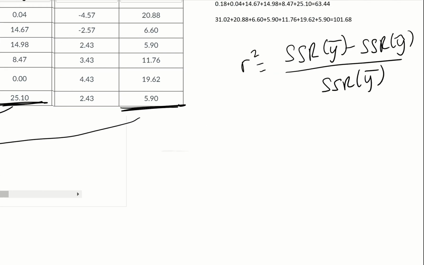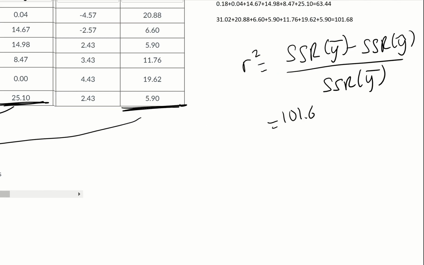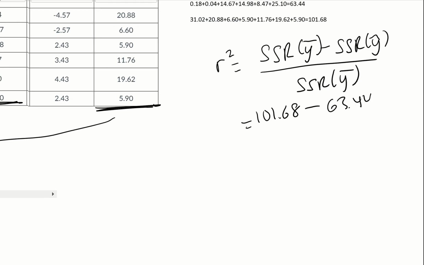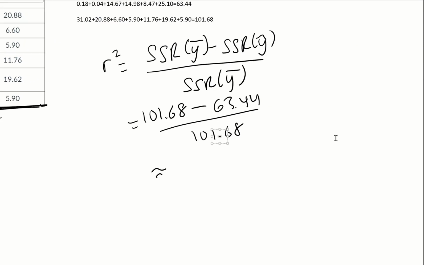So we got 101.68 minus 63.44 over 101.68. Go ahead and get that number. Remember when you do this calculation, put this numerator in parentheses. Anytime you have a couple of things going on in a numerator or denominator, you want to make sure to put that in parentheses just to be on the safe side.